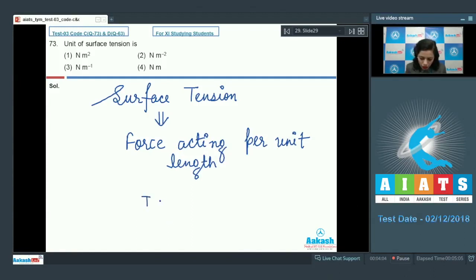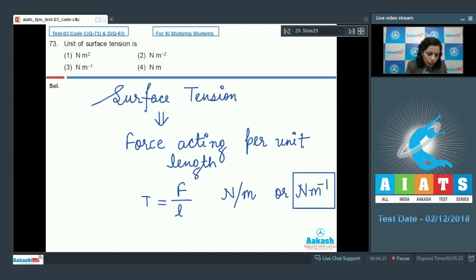It means surface tension is equals to F by L, and the unit of the force is Newton, while the unit of length is meter. So this would be Newton per meter or Newton meter inverse. This is the unit for the surface tension, and that's why option 3 is the correct option for this particular question.